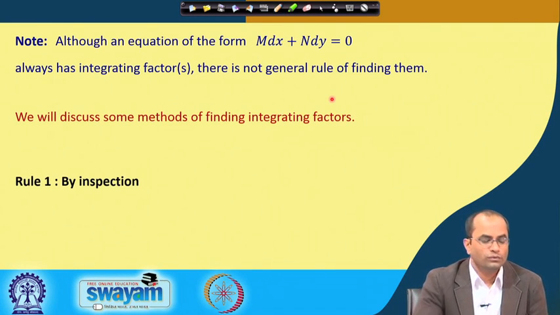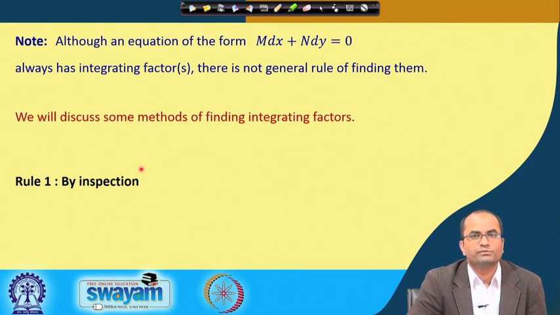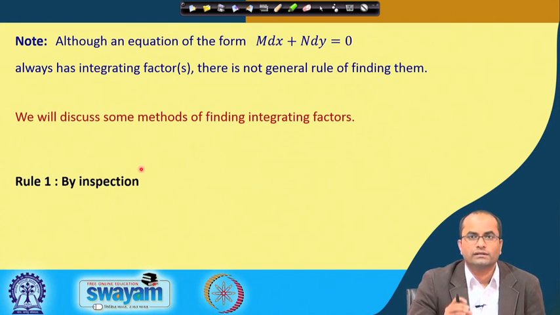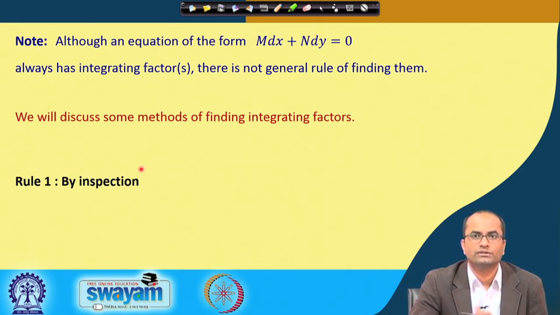Rule number 1 is just by inspection. This is the easiest and also the toughest approach to finding the integrating factor, because it is just a guess: looking at the differential equation, you guess that if you multiply by this function, it will become exact. It is not a systematic approach.